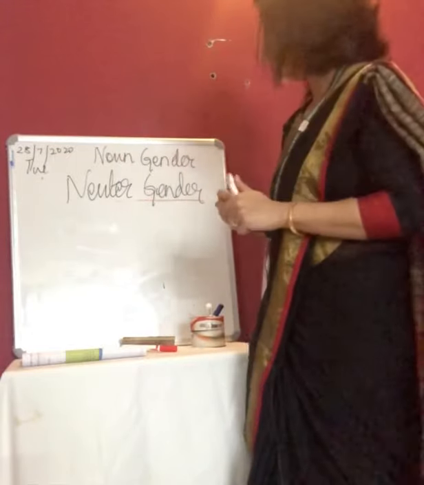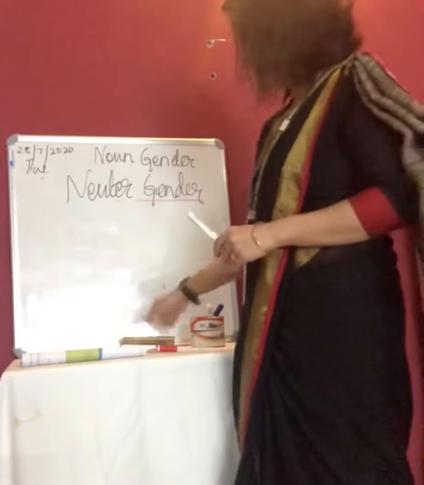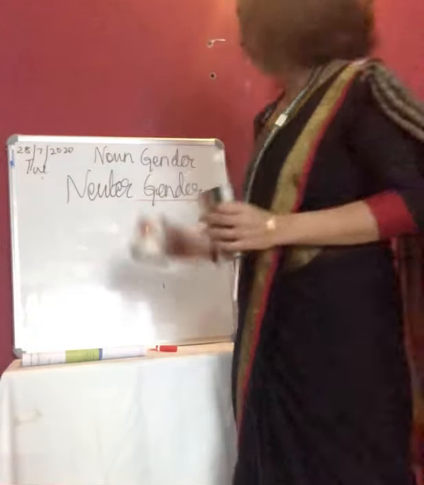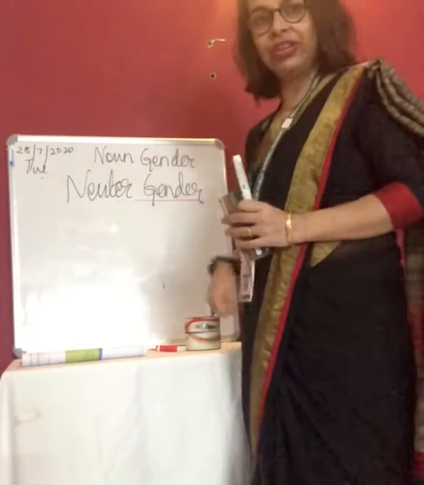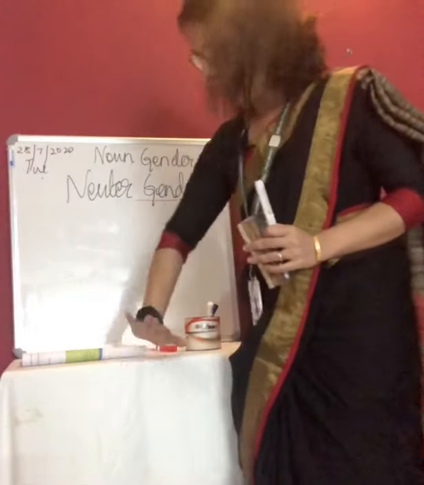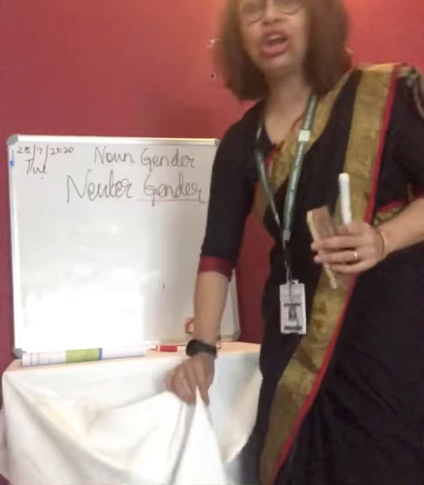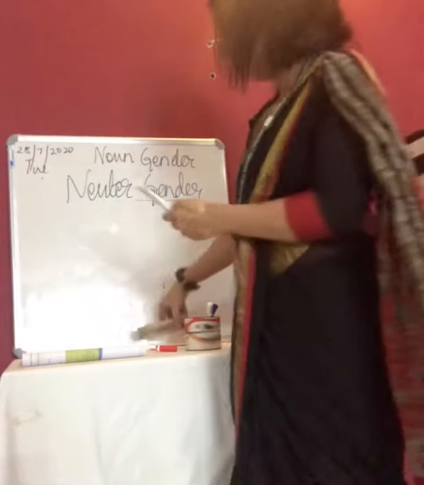So, what are they? Marker, duster, box, whiteboard, wall, table, then cloth, okay, fine. So, I will write it.